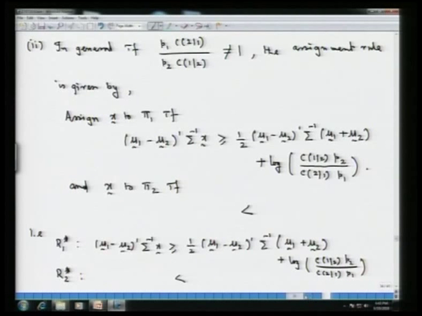Now, note that if we are looking at this region here, this involves quantities which are usually unknown in the population, that is mu 1, mu 2, sigma inverse. All these quantities are unknown in the population. So, what is done when we have got a learning sample, which consists, as we have discussed, of a set of pre-classified examples?